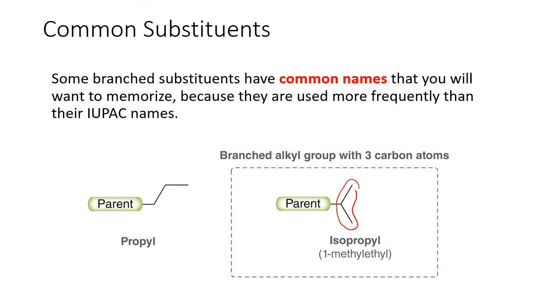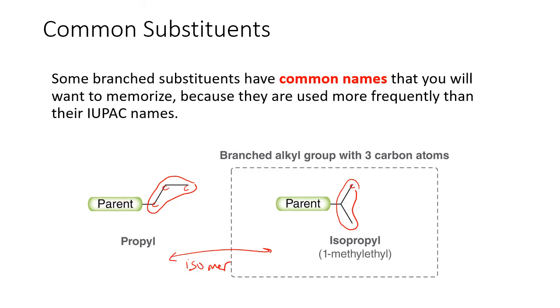So we would need to name it as a complex substituent, which we haven't even covered just yet. So an isopropyl group has 3 carbons like a propyl. So propyl, we said it had 3 carbons coming off, but it's an isomer of that propyl, which is where the name isopropyl comes from.